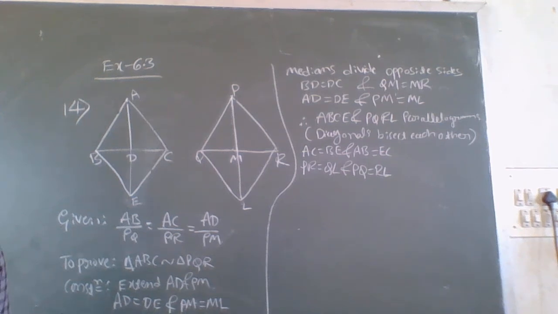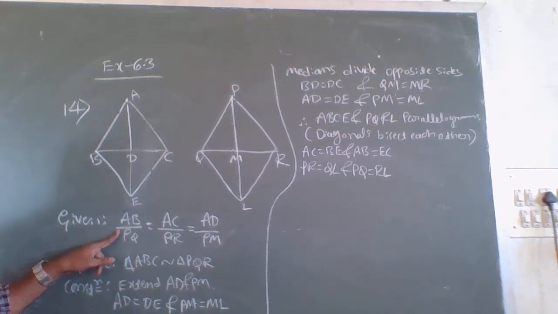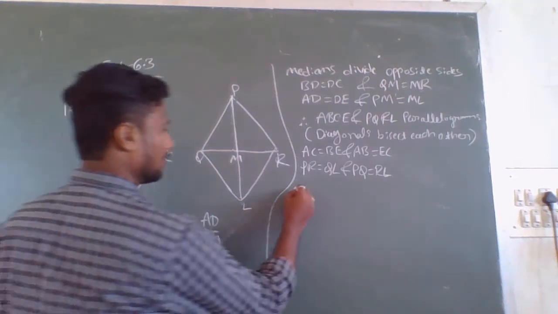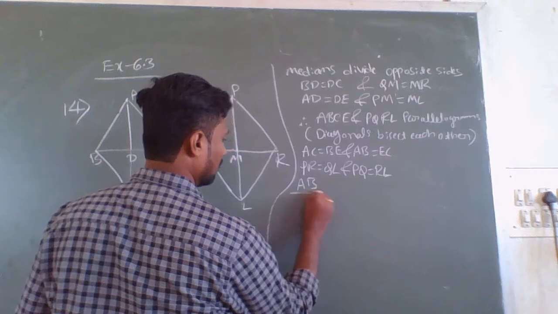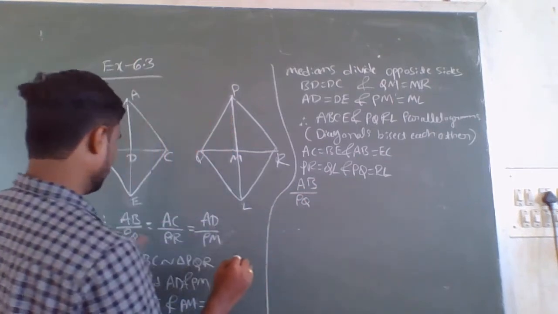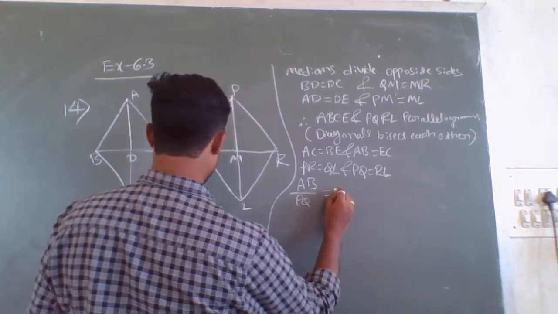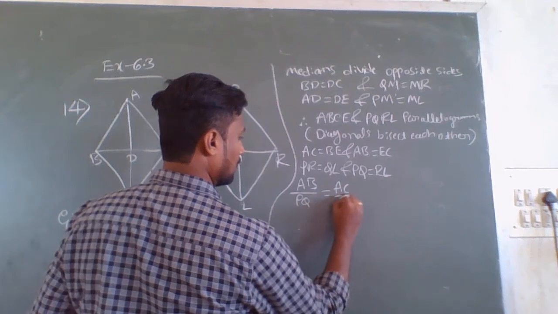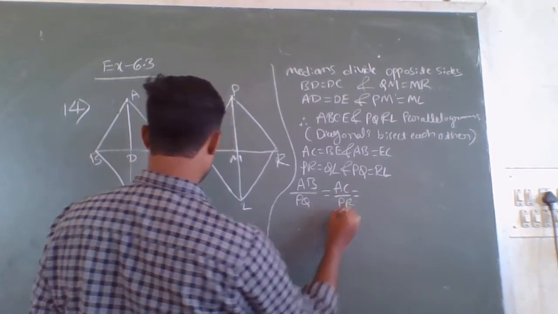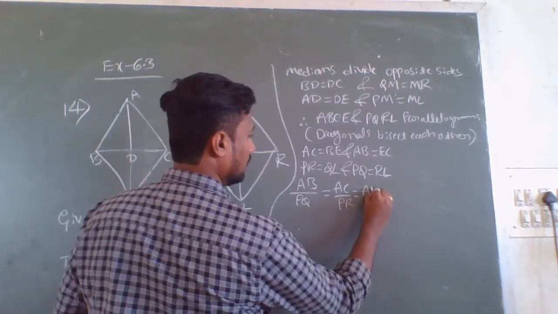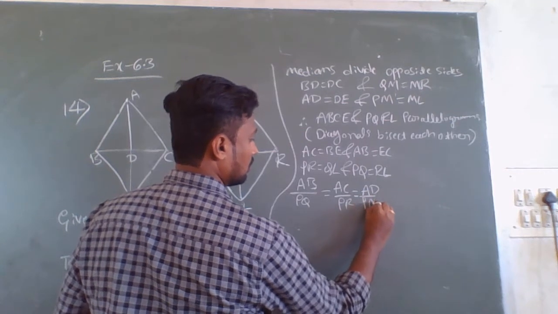Now, it is given that AB by PQ equals AC by PR equals AD by PM.